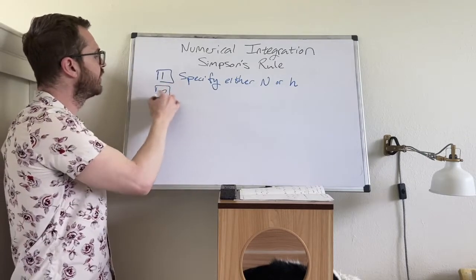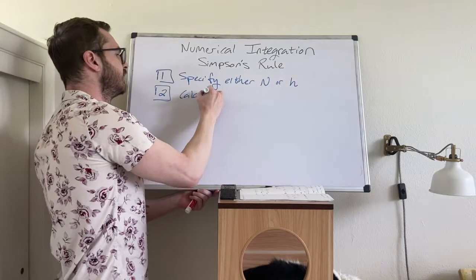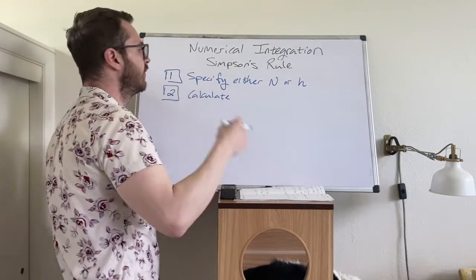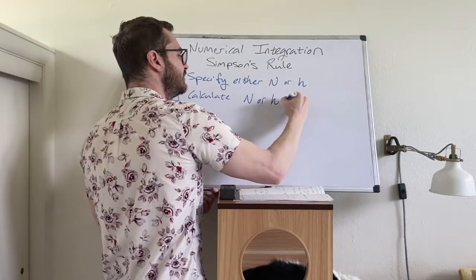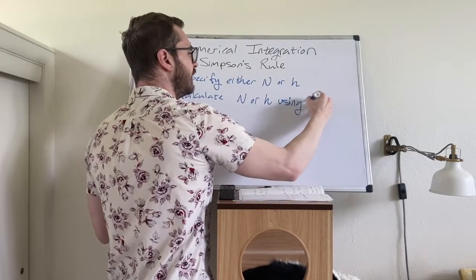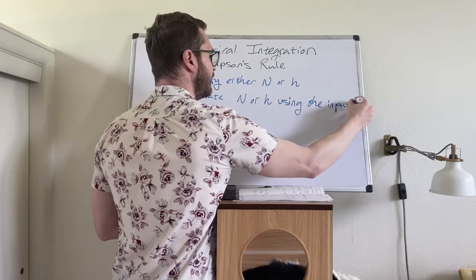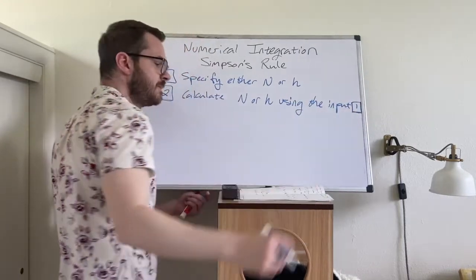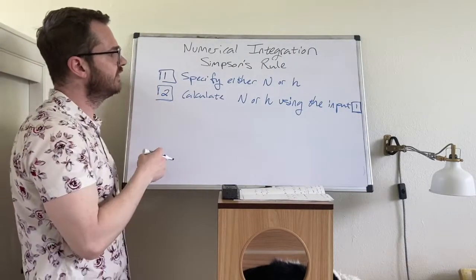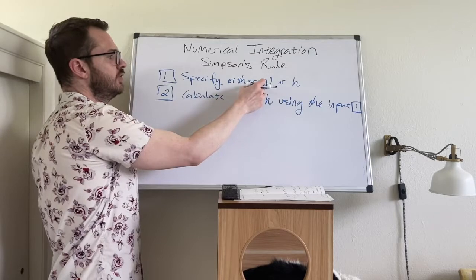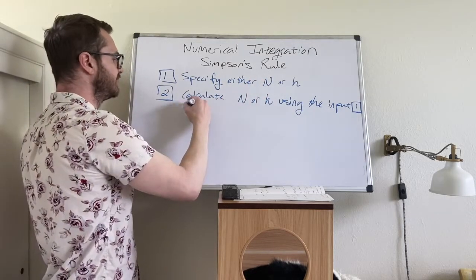Depending on which one of those you specified, you then calculate the other one. So you calculate n or h using the input from number 1. Okay. And then what kind of equations do we have? Let's say that you specified n, and then I'll write the equations underneath.